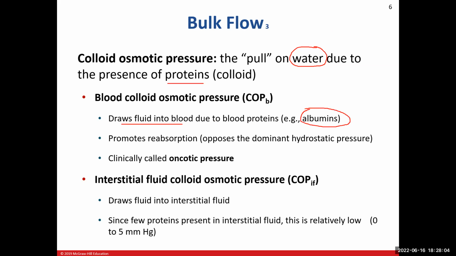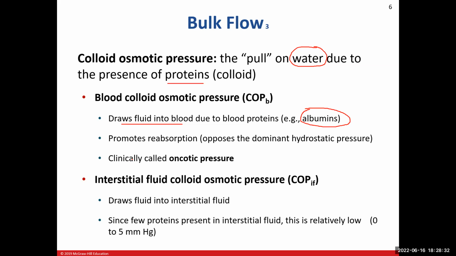Your liver makes those. And so if there is liver dysfunction, for example, that's going to compromise your albumin level. And so what can happen then is if you lose part of your albumins in circulation, your blood will not be attracting water as much as it used to. And so that means the water might stay in some of your tissues, so you might get some swelling there.